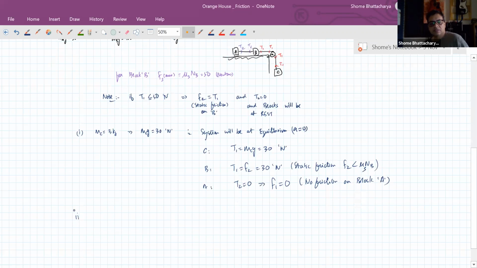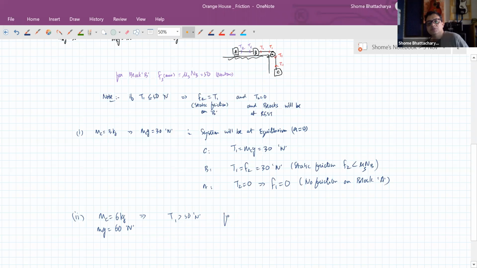In the second case, mass of C is 6 kg. So definitely the tendency for tension T1 will definitely exceed 50 newtons.